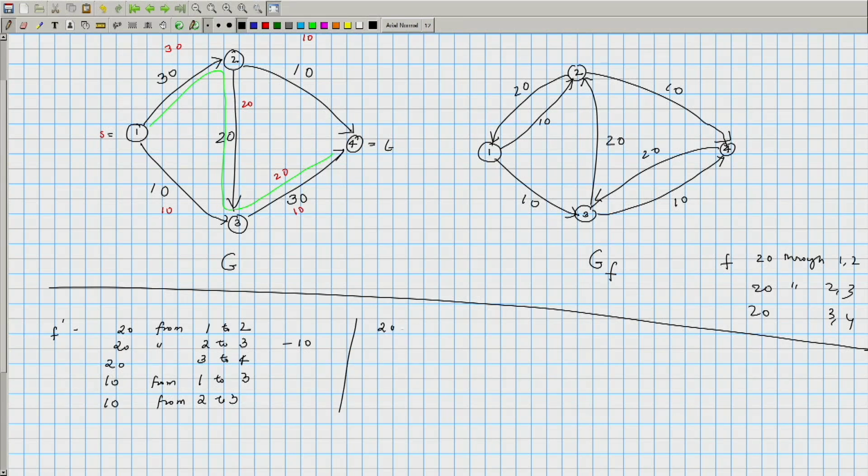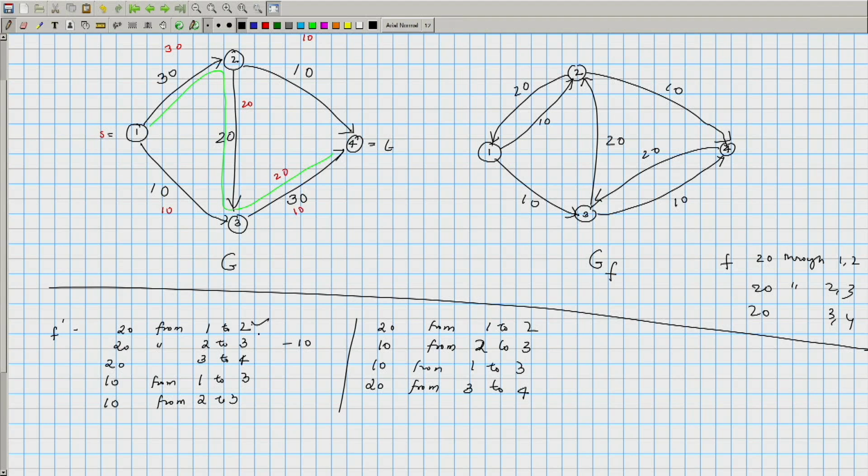So, now the new flow, not the new network, the new flow would be 20 from 1 to 2 and 10 from 2 to 3, 10 from 1 to 3, and 20 from 3 to 4.